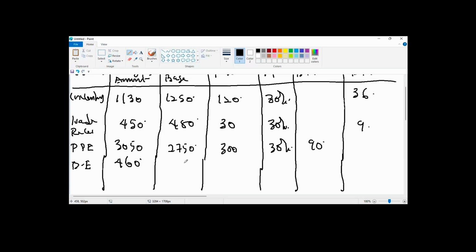Am I reading? Listen to the explanation. This development expenditure was allowed for tax purpose in full during the year.